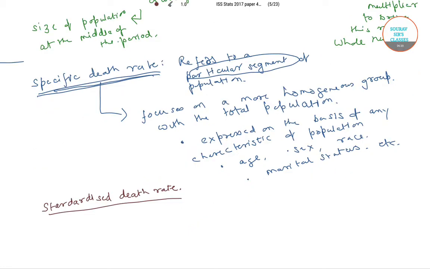Next is standardized death rate, abbreviated as SDR. It is the death rate of a population adjusted to a standard age distribution.